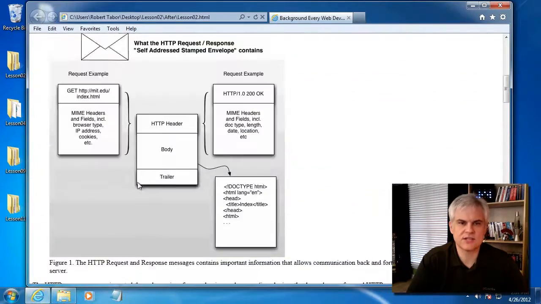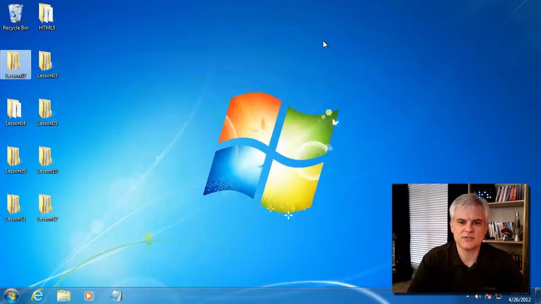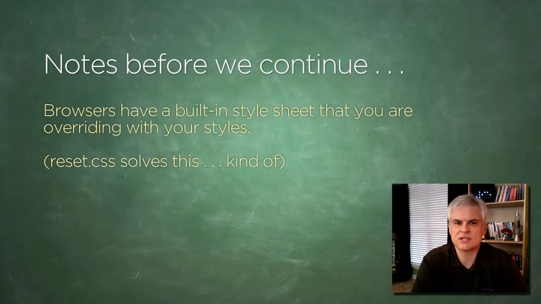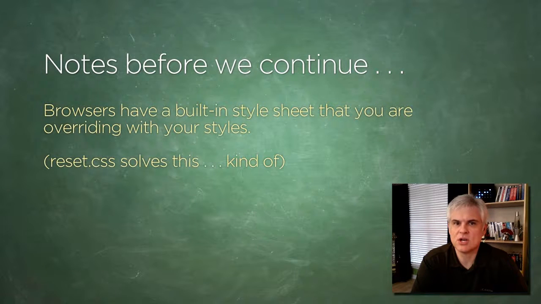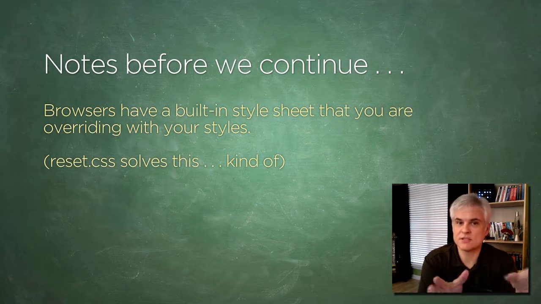Well, that's because there's a default style sheet, and when you define styles using cascading style sheets, you're overriding the default style sheet. And so later on at the very end of the series, I'll point you to a couple of reset style sheets that will override all of the settings for the browser so that you can start from scratch, or at least you can get to a baseline. Now, some designers say you should never use somebody else's work.